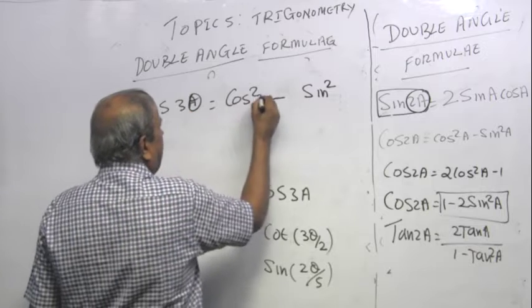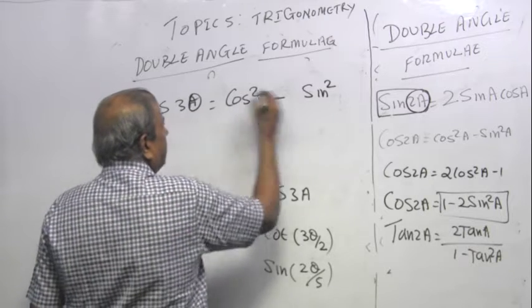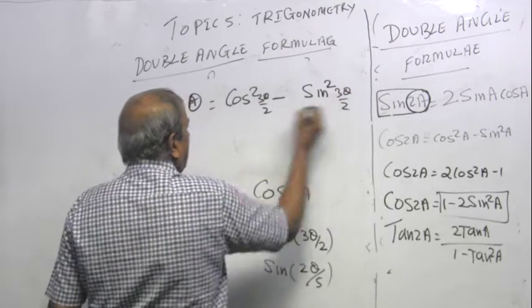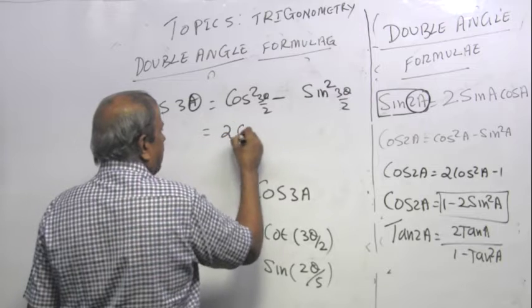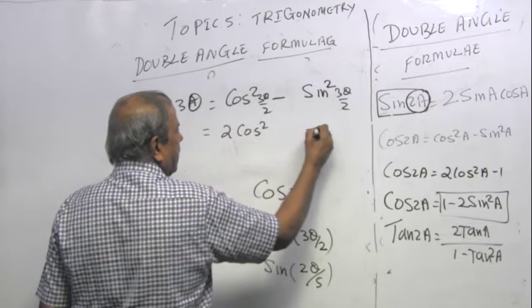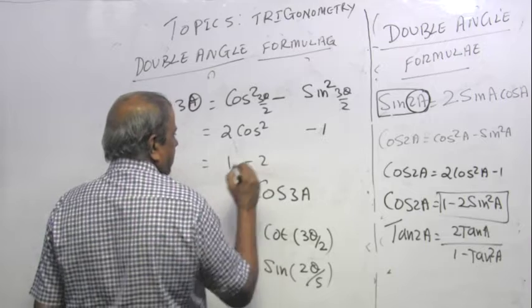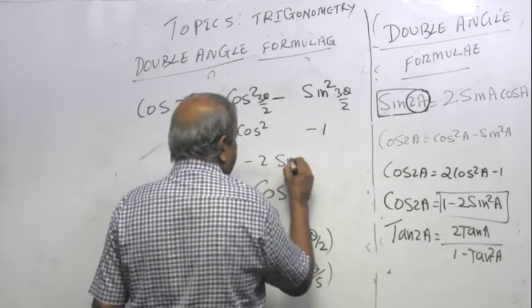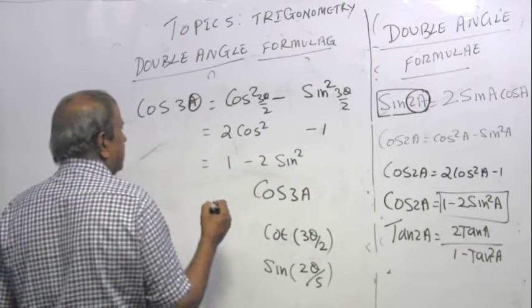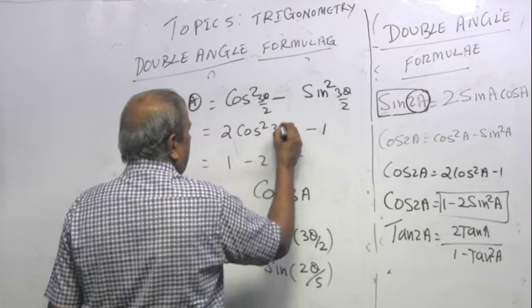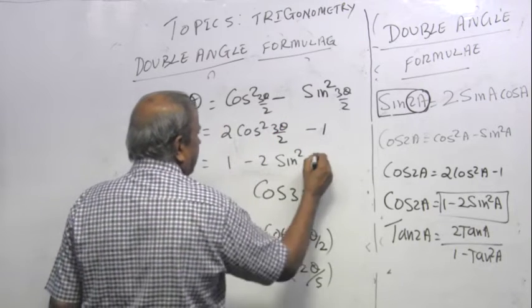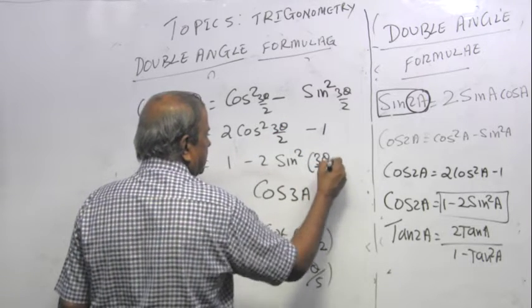This becomes half. That becomes half. Or the 2 does not change, the cos squared does not change, the minus 1 does not change, 1 does not change, minus 2 does not change, sine squared does not change. So that is 3 theta over 2, because half of that, 3 theta over 2.